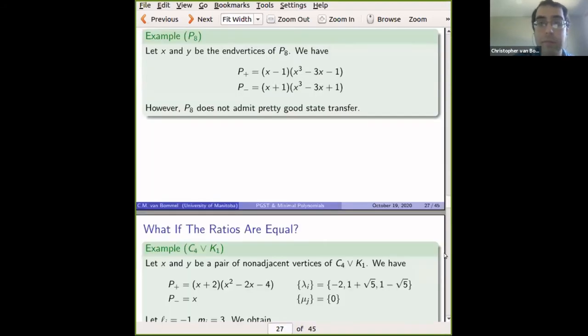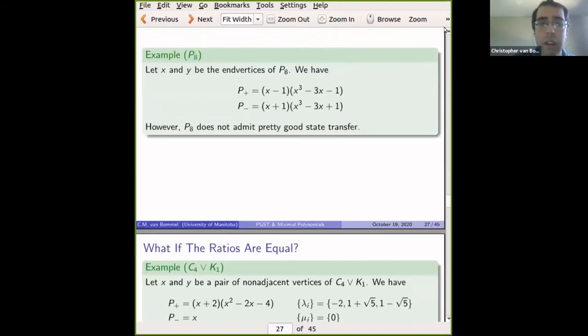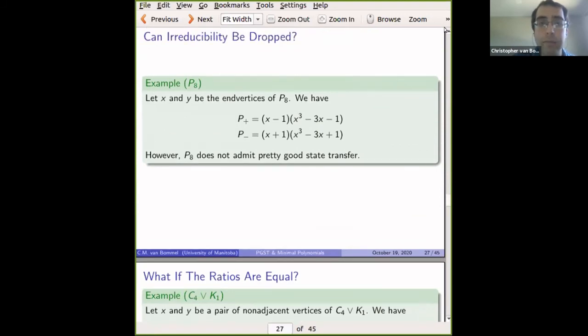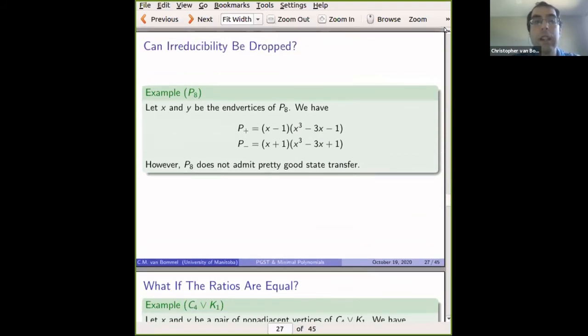And we certainly can't just remove the irreducibility condition if we think of a path on 8 vertices. The 2 polynomials, p plus and p minus, each factor. They do meet this condition that the ratios aren't equal, but we have seen that we cannot get pretty good state transfer in this case.